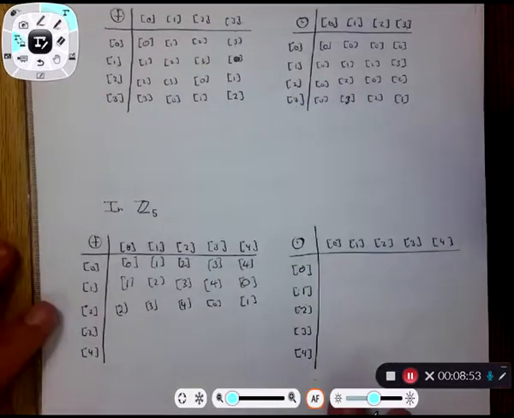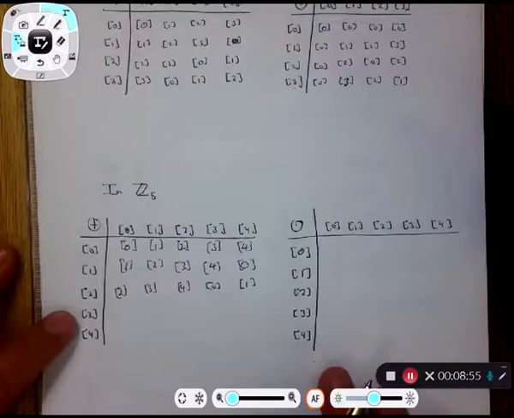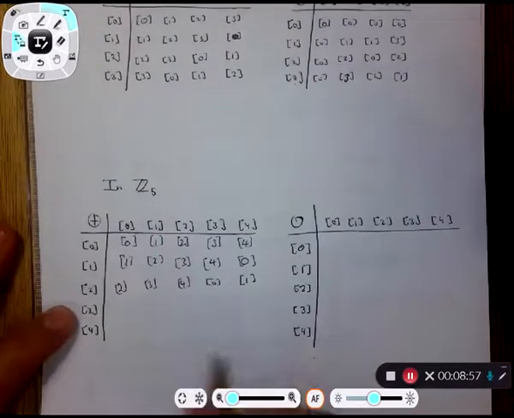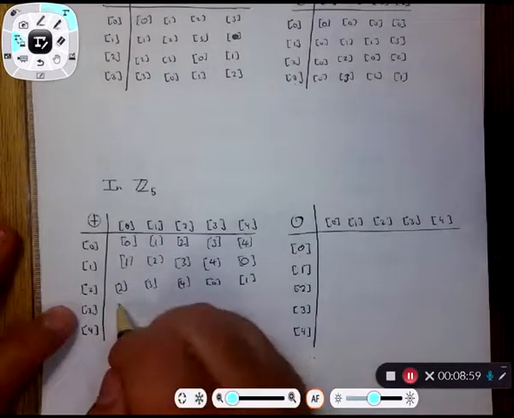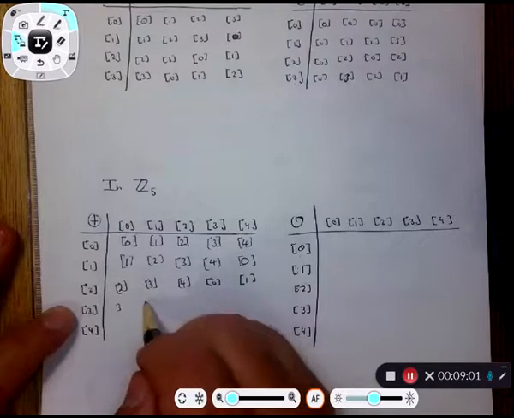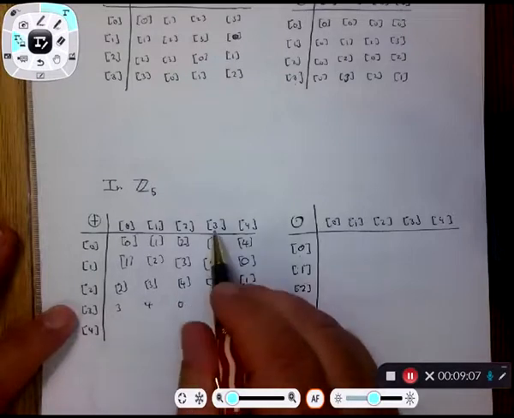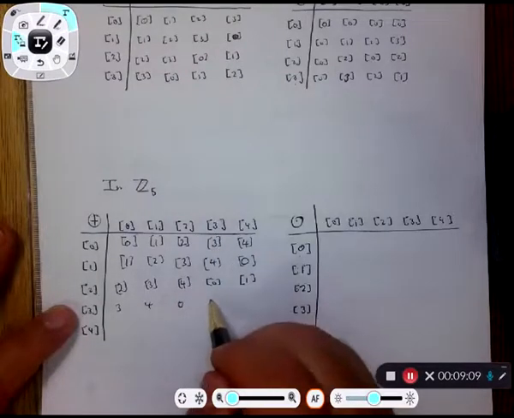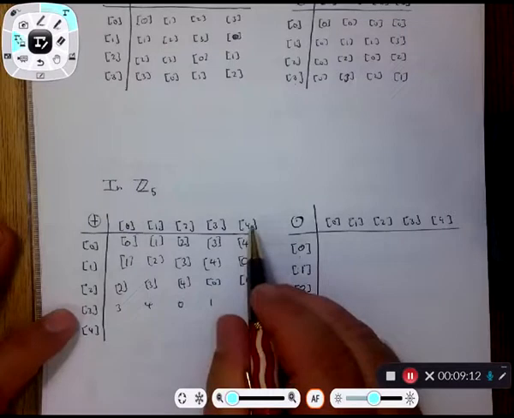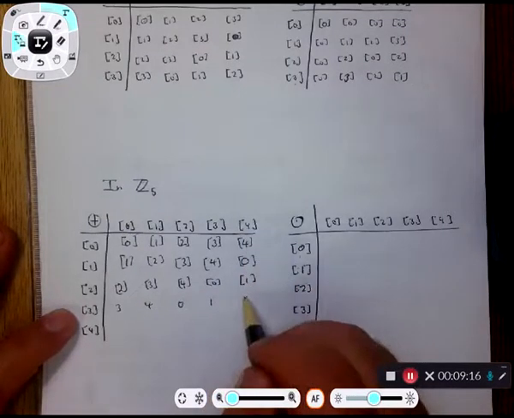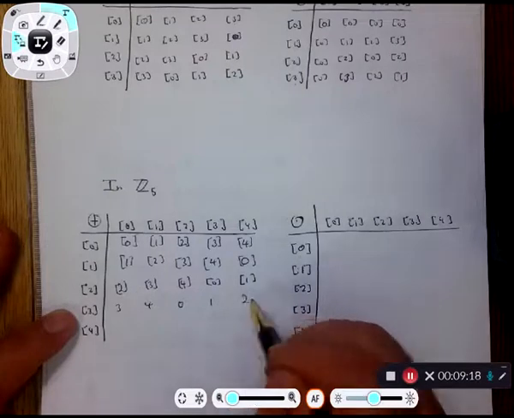And then the last rows, actually 2 more rows, as we're in Z5. 3 plus 0 is 3. 3 plus 1 is 4. 3 plus 2 is 5, but in Z5, 5 is equivalent to 0. 3 plus 3 is 6. In Z5, that's 1. 3 plus 4 is 7. And 7, subtract off multiples of 5, or in this case just one 5, you get 2.